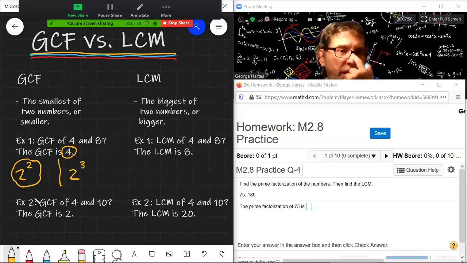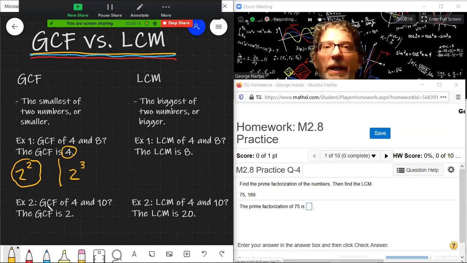Let's look at another example here. By the way, the previous example is a case where the smallest of the two numbers is the GCF, between 4 and 8. Now let's look at a case where it's not the smallest of the two numbers, but something even smaller than that.